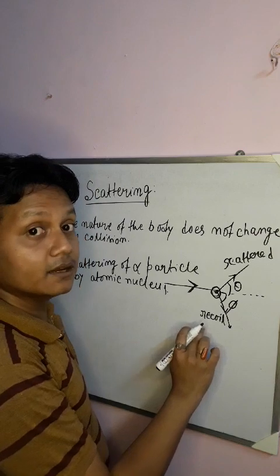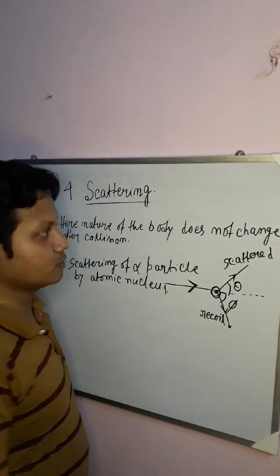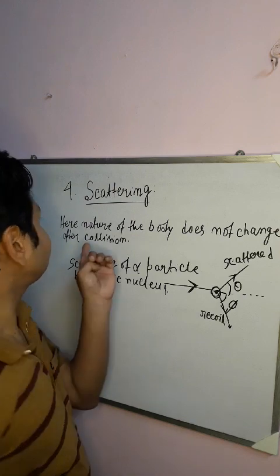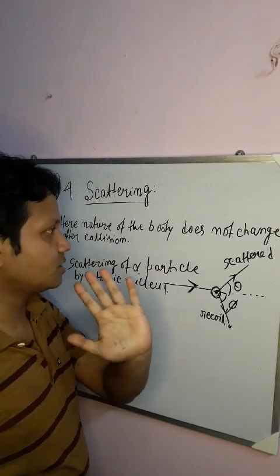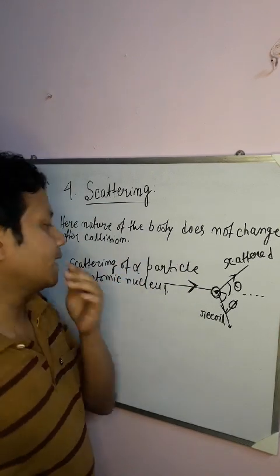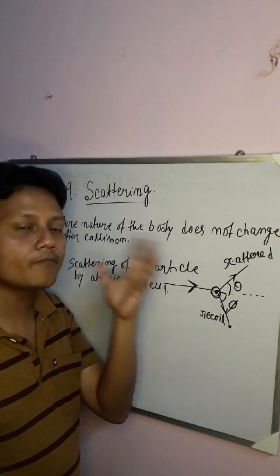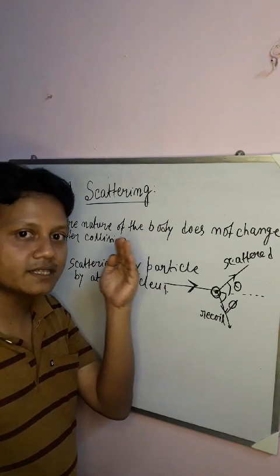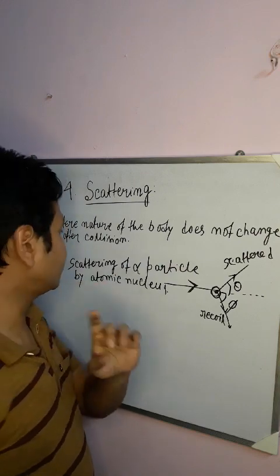We just saw this in the Compton effect, and we will discuss it later. In scattering the nature of the particle does not change, so it is a special type of collision. One can also say that when a comet passes through the solar system, the comet is scattered by the solar system. It is also scattering.